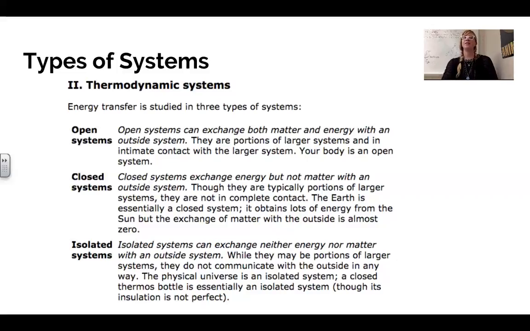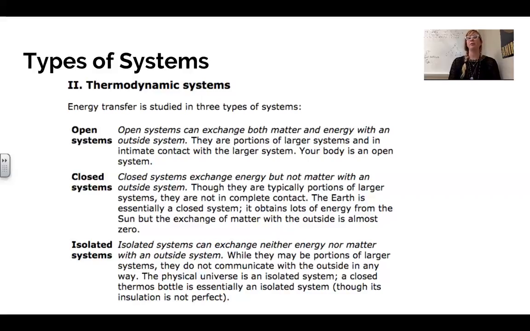And then isolated systems don't exchange energy or matter, right? They are completely closed off. They're isolated. So this one is kind of hard because it's pretty hard to not exchange any energy or matter with anything, right? They argue here that the universe is an isolated system, right? That's assuming that the universe is not interacting with anything else in any other kind of way.